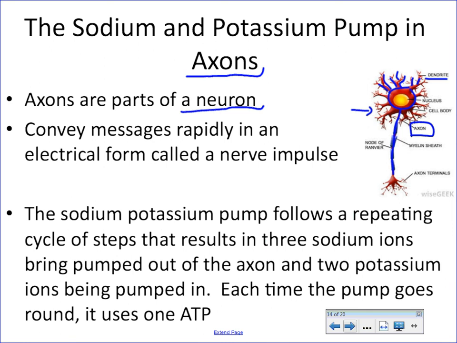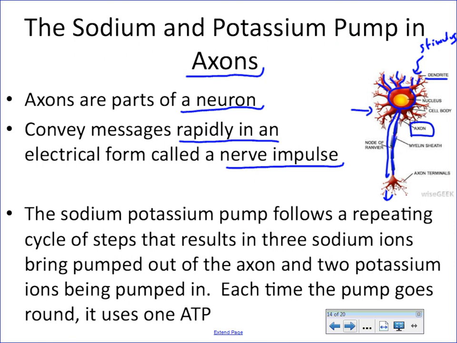So also what neurons do is that they will function to convey messages rapidly in an electrical form, referred to as a nerve impulse. So a neuron will receive some form of stimulus that will create this electrical signal that will travel down the axon, and then it will pass the message on to an adjacent neuron through the release of neurotransmitters.